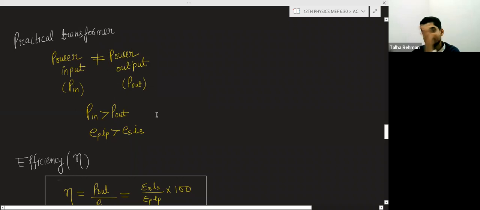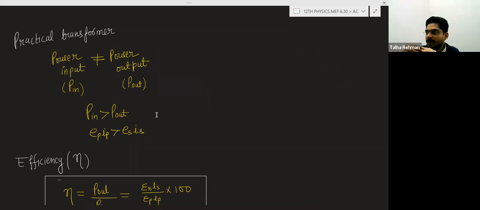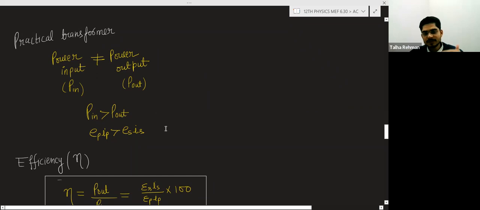Why? Because there are some losses in the form of heat also. You can take the example of your laptop. The electrical energy you are supplying is not totally utilized. Some of the energy goes into the heating process, in the form of heat across the resistance. So basically, input power is always greater than the output power in the case of a practical transformer.